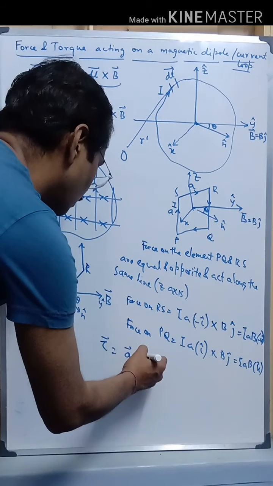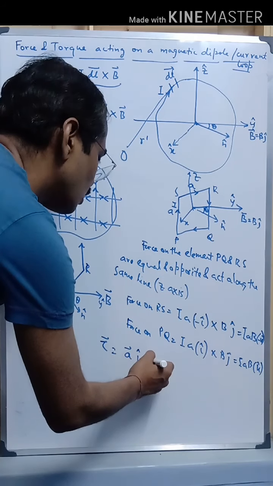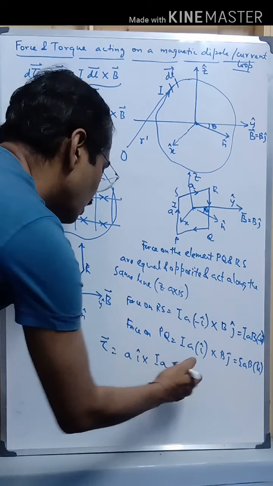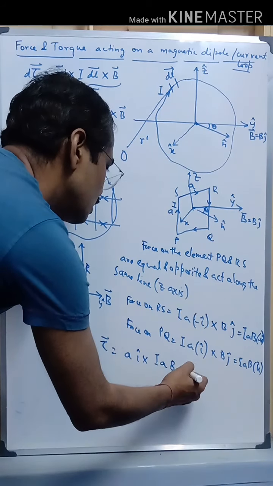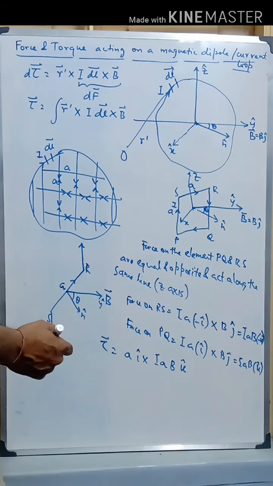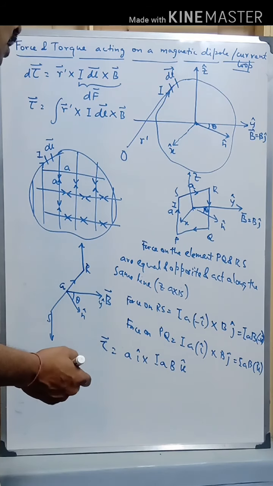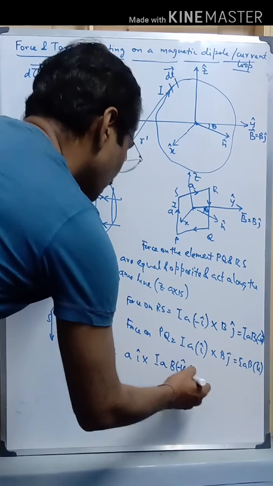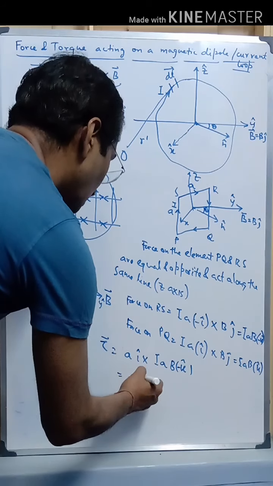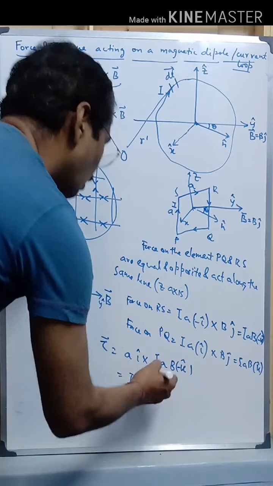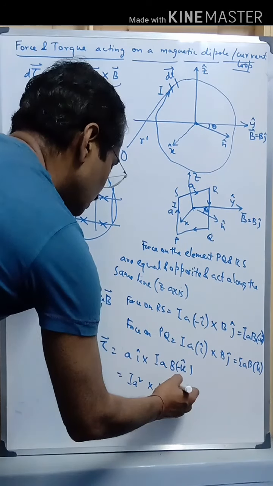So A of i cap cross IAB of k cap. That is going to give us a net torque of minus k cap, so that is going to give us IA squared cross B of j cap.